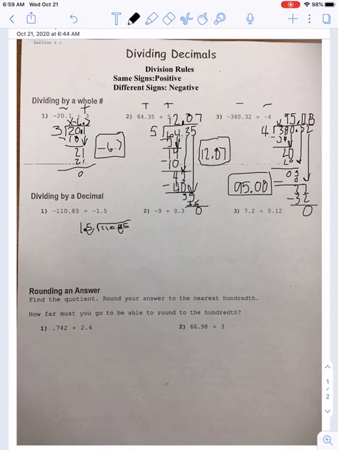Therefore, we have to go inside the divisor and move that decimal over 1 space as well. So now we are actually doing 15 divided by 1,108.5. When we divide by a decimal, we need to make it back into dividing by a whole number by moving the decimals.